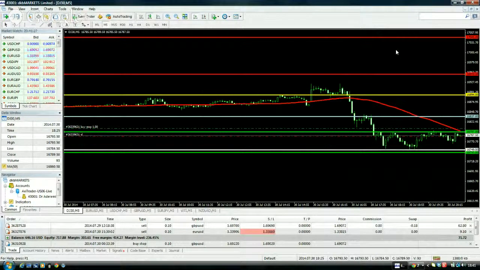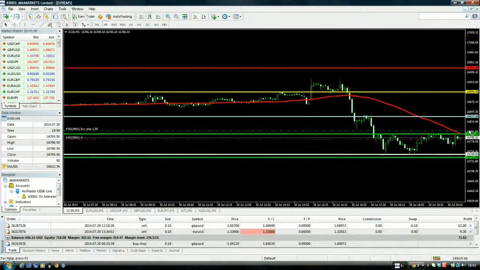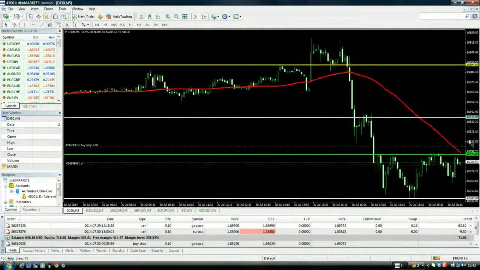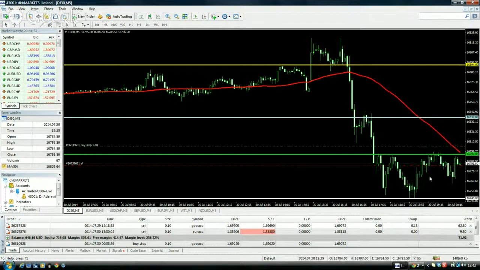And the other thing I use sometimes is the moving average 50 to trade. And then obviously I use things like the market support and the market resistance. For instance, I've got this white line here, which is indicating the market support.